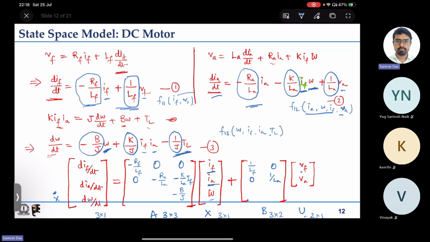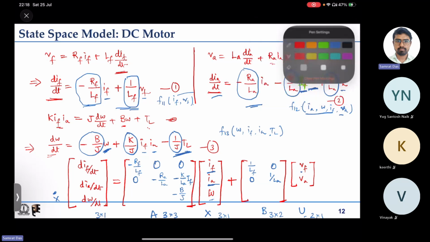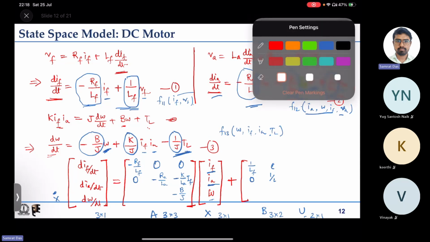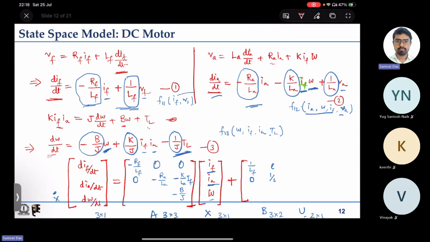Sorry, I have only taken VF and VA as the input, but in this case we are considering the TL also, another input.